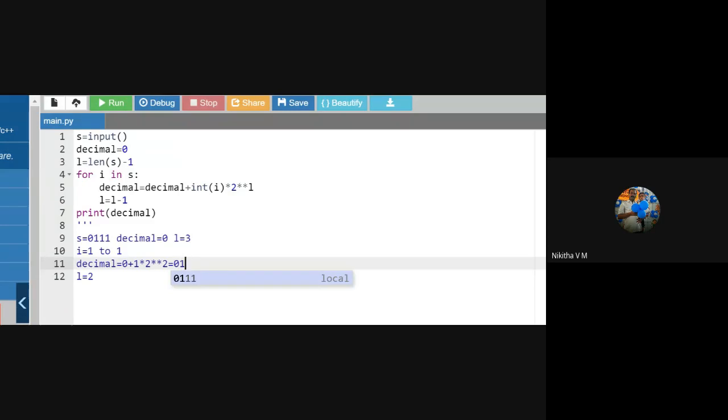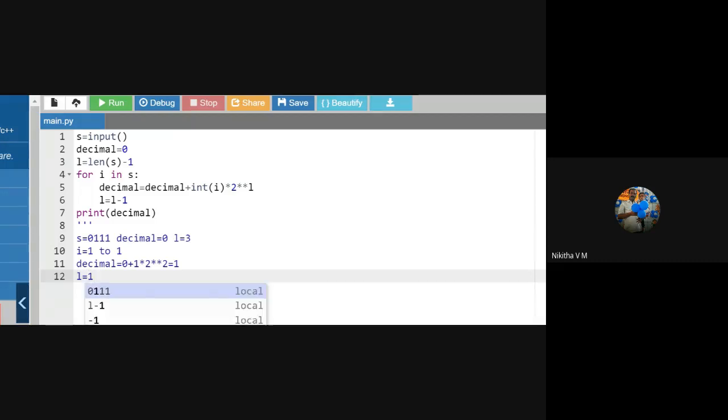Right. So it's 1. Okay. Now again decrement the value of L. If you are decrementing the value of L, what will you get? So it was 2, it will become 1 now. Then again we are going for the next one.